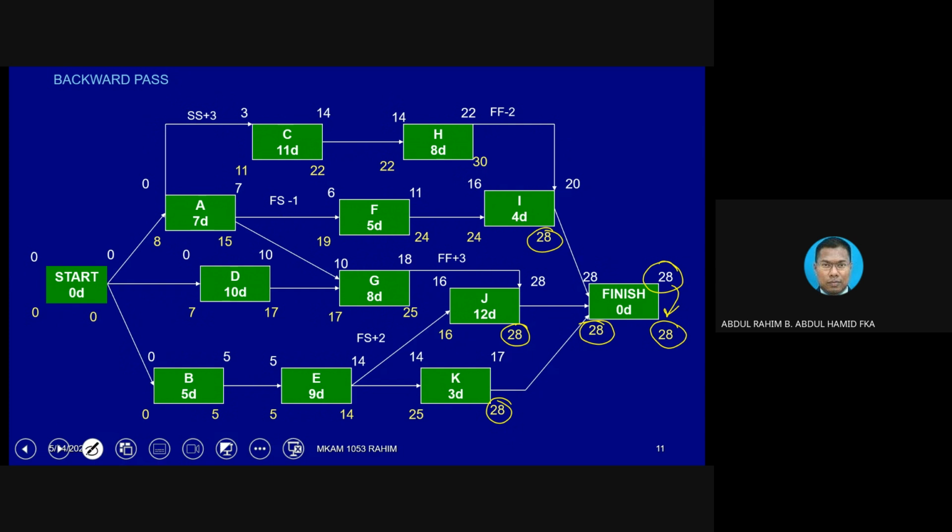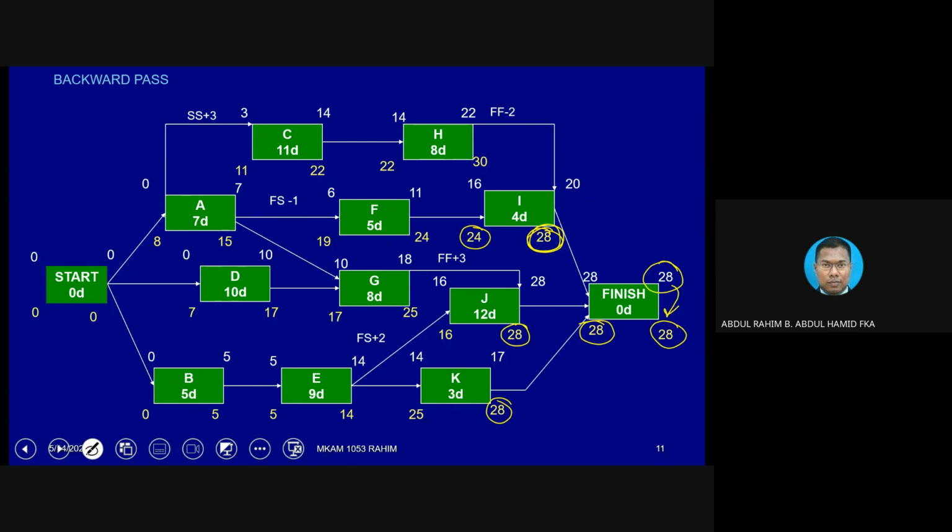Now let's focus on I and H first before we go into the rest of the calculation. Once we log this value within I, it is easy. We simply minus 28 minus 4, which is equivalent to 24. Fine.